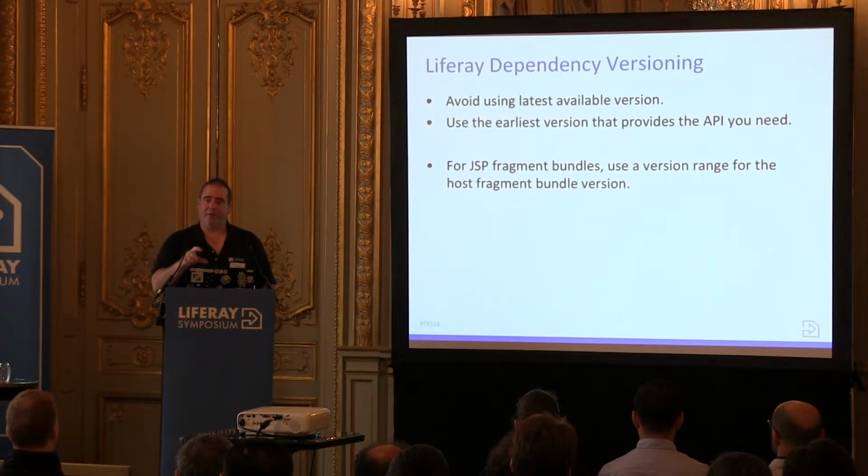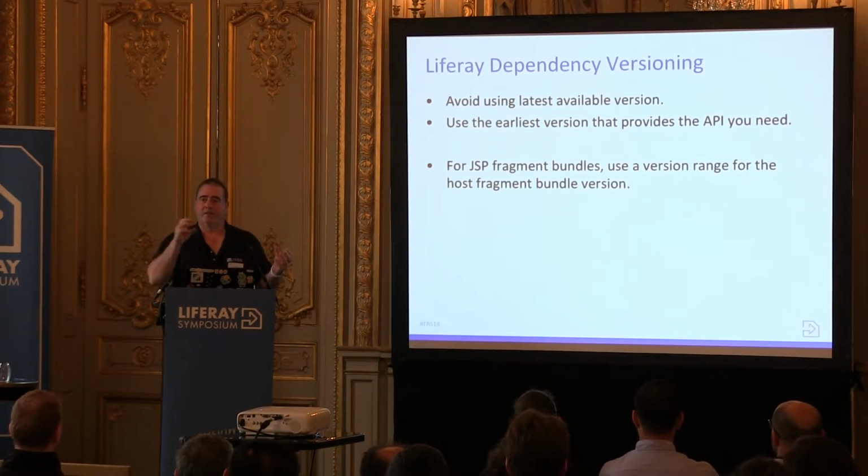Because what you're actually declaring in your module is that you have a dependency on some range of an implementation of a third-party module. So you don't want to be specific about, I need this one particular version, because it might not be available in the Liferay container. Instead, you want to know the range that you can run under, so as Liferay itself changes versions from fix packs or service packs or whatever, your code will still run because it still has the necessary libraries to be able to bind to and run.